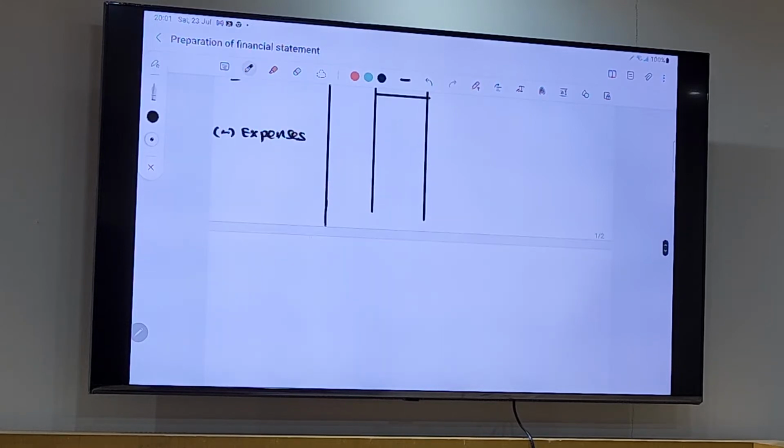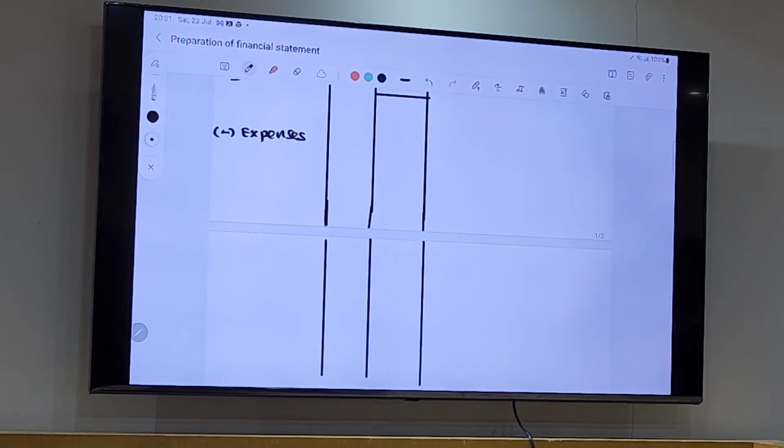Usually around 15 lines you would leave. Sometimes it can be 7 lines, sometimes 12, 13, 14 lines. When you practice many questions, you will get the experience. But since we are doing the first question, leave like 15 lines.